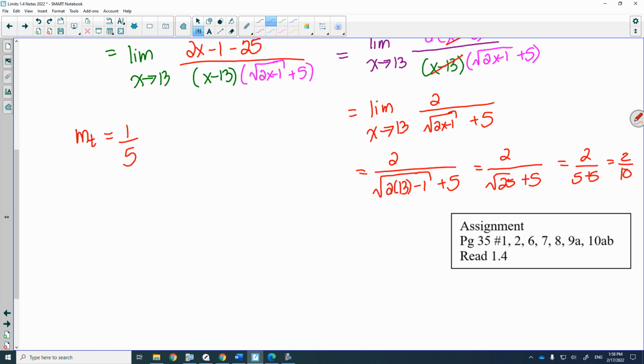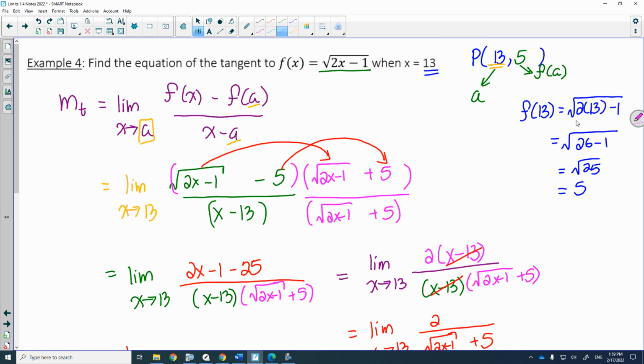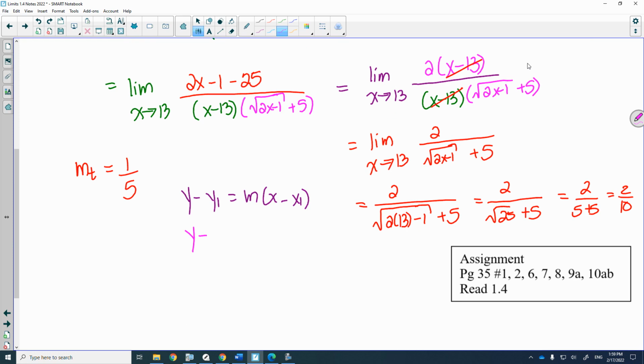Okay, it also says to calculate the equation of the tangent. So we're going to do that, and this will be good practice because our slope is a fraction. So let's figure out what that would be. y minus y1 is equal to the slope times x minus x1. y1 was 5, right? So remember the given point, the y value is 5.